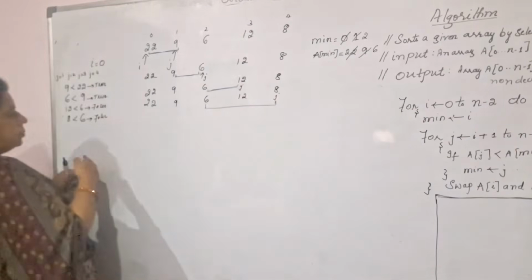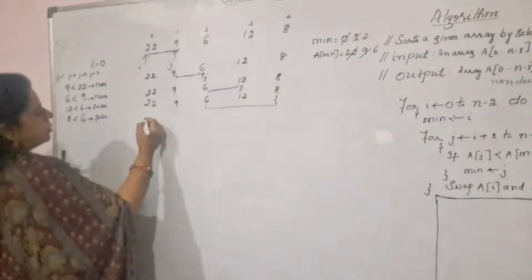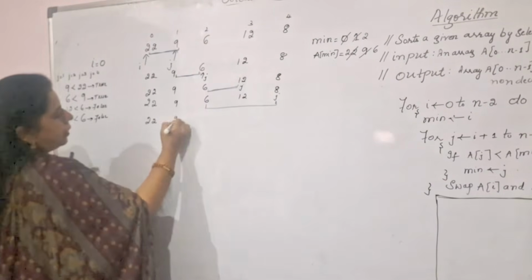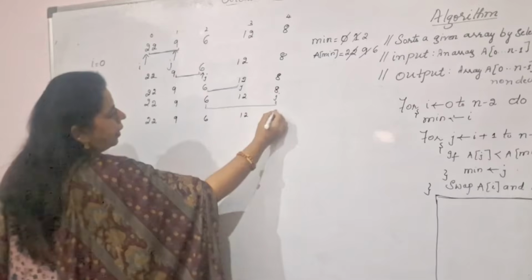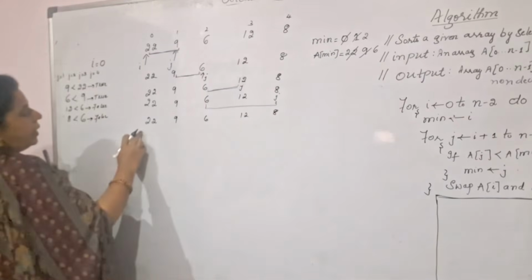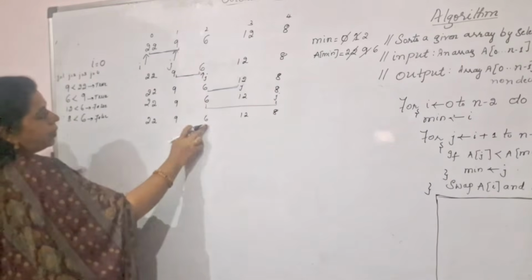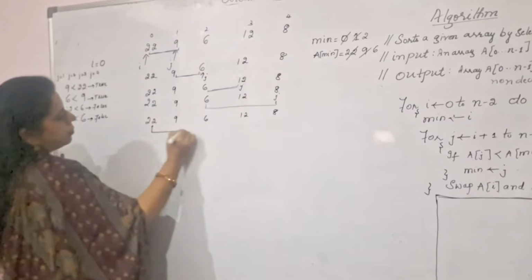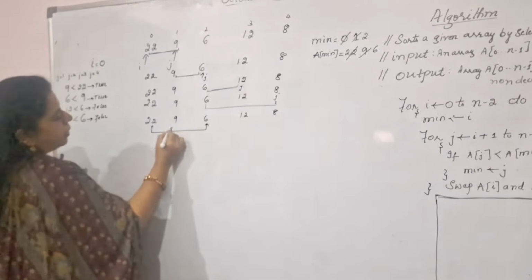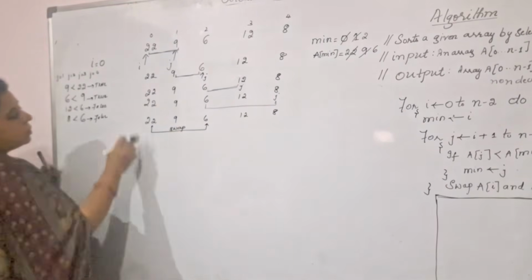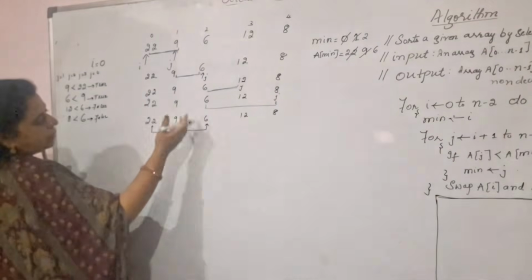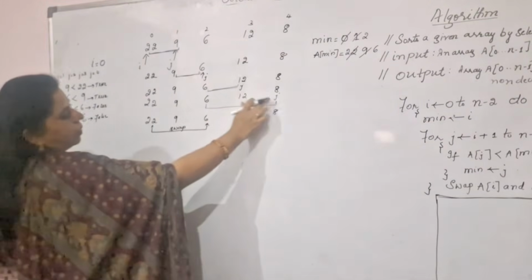Then comes the swapping. So you are going to write here 9, 6, 12 and 8. You have to swap A of i and A of minimum. A of i is 22, A of minimum is this one. So this will be your swapping. This particular swapping has happened once it has compared all the elements.